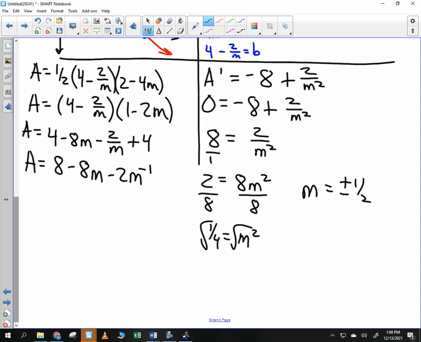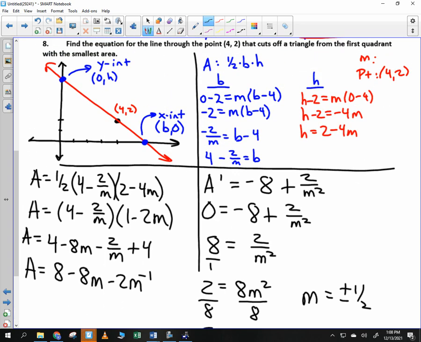Look at the line, folks. Is it a positive 1/2 or a negative 1/2? It's a negative 1/2. You can tell it's negative, so the slope is negative 1/2. As we write our equation for our line, y minus 2 is equal to negative 1/2 times x minus 4.